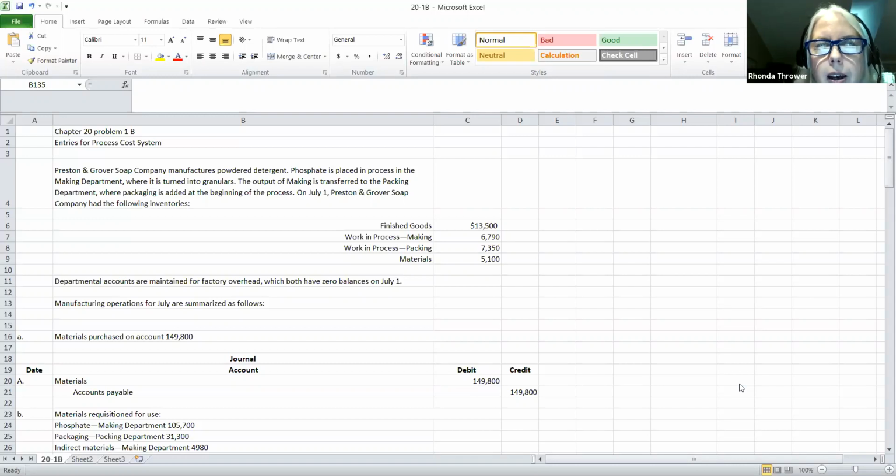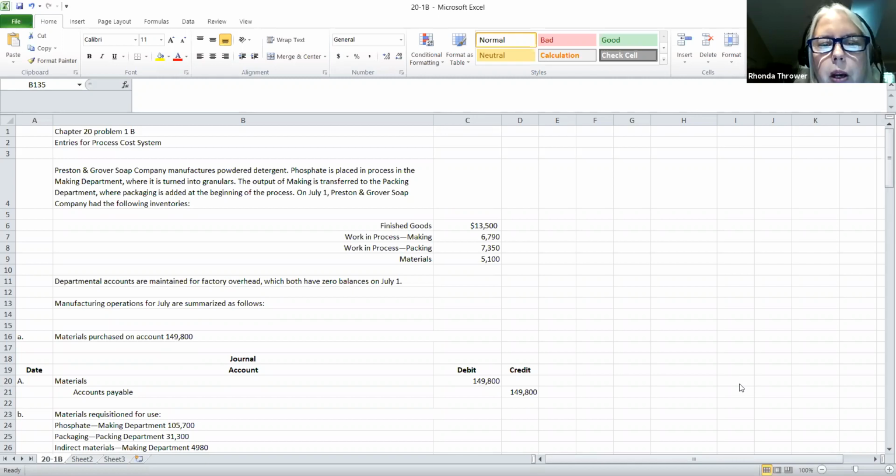Things like creating ice cream. One gallon of ice cream would be hard to distinguish from another gallon of ice cream. This would be an example of a company that uses process cost accounting systems. We're manufacturing units that are hard to distinguish one unit from another.